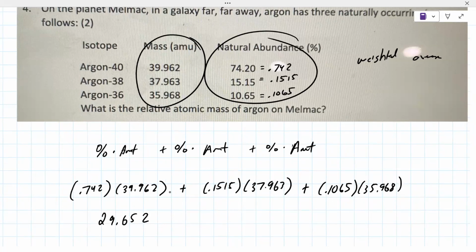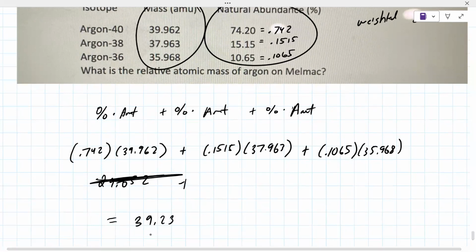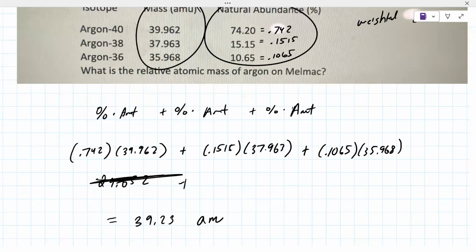We got 39.23. Did you do it all together? It's even better if you did it all together. So it ends up being 39.23 AMUs. Is that okay? Yeah. All right.